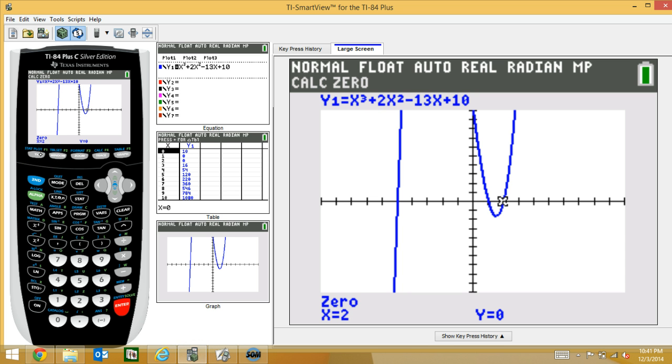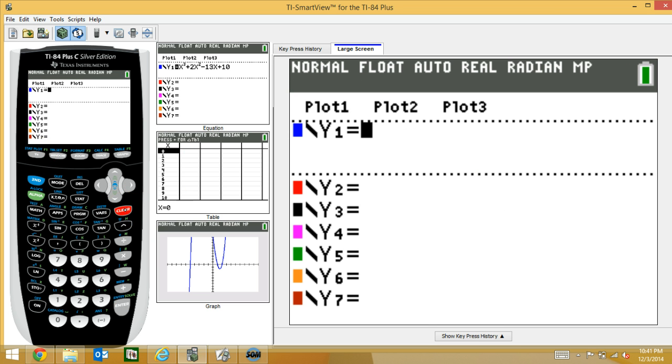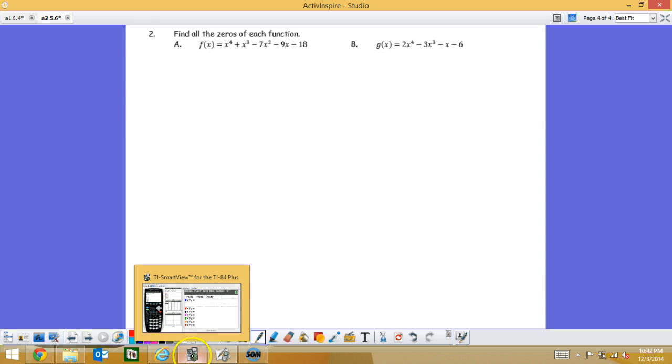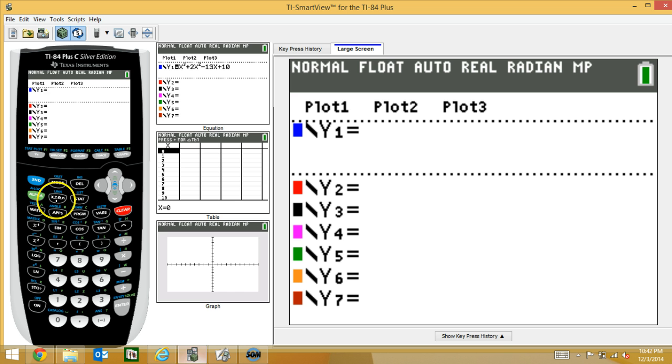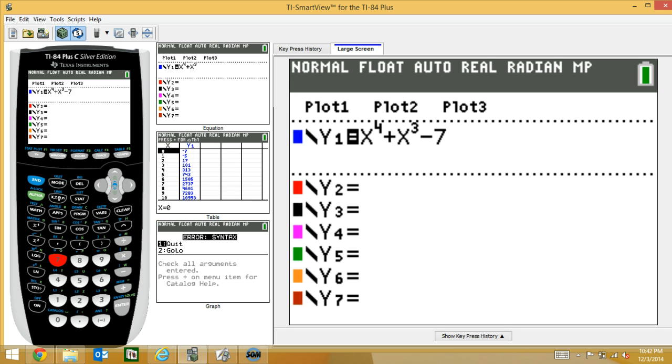So I'm going to go to y equals and clear out what's there. Then we have x to the fourth plus x cubed minus 7x squared minus 9x minus 18.